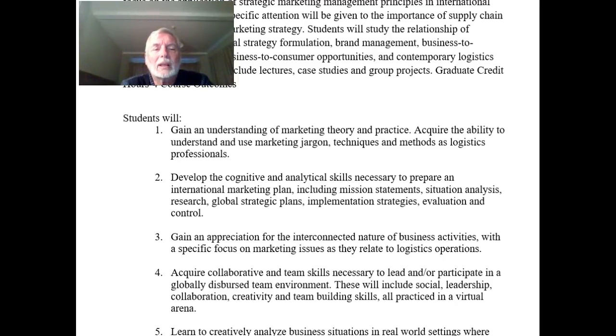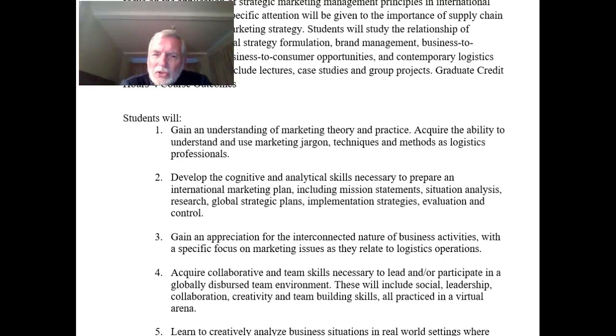So that's a key piece, and the book we're using is focused around creating a marketing plan. So it's a hands-on book that's designed for people who aren't necessarily marketing majors in an academic sense, but are in management positions where they have to create marketing plans.